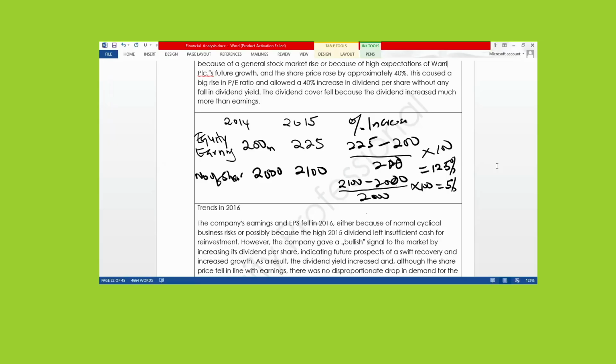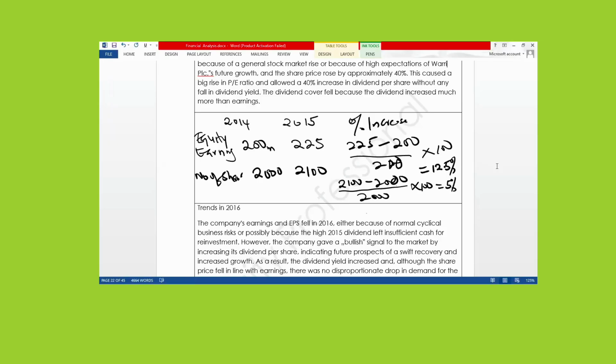Our dividend cover fell because the increase in dividends is much more than the increase in earnings. Earnings increased by 12.5%. Dividend increased by 40%.